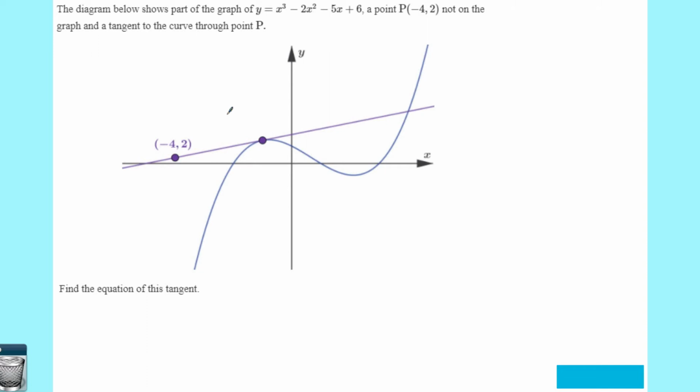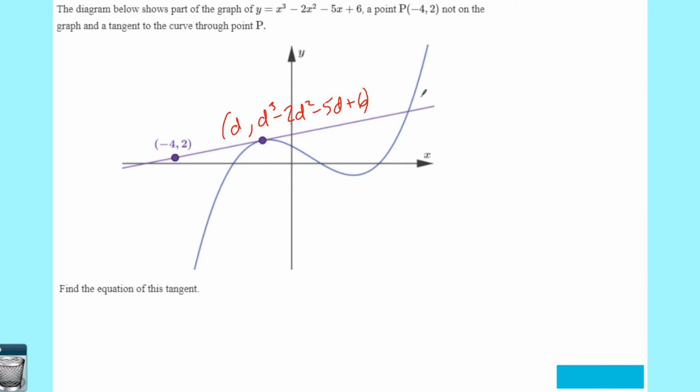I think your textbook just plugs in the value d. So if I plug in d, that's my x value. My y value is going to be d cubed minus 2d squared minus 5d plus 6.